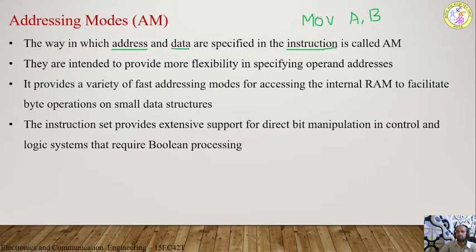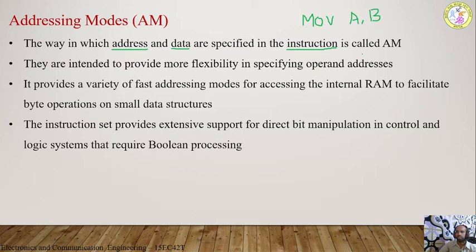This operation will copy the content of register B into register A. Now, in this operation, we have specified the address of register A as well as register B using some mode, some way.